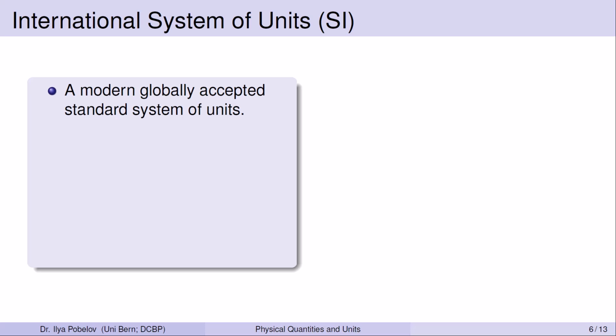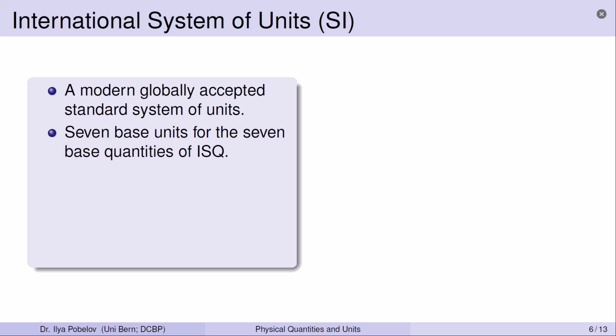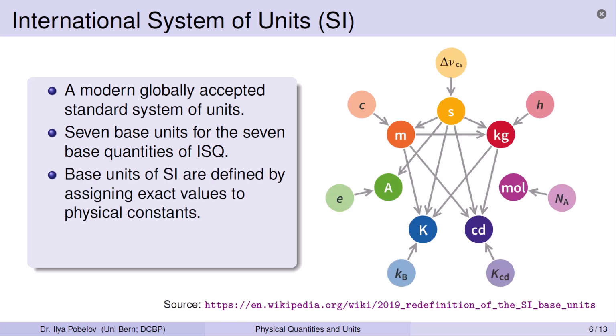The SI defines 7 base units, which correspond to the 7 base quantities defined in the International System of Quantities. Since 2019, all base units of SI are defined by assigning exact values to certain physical constants.